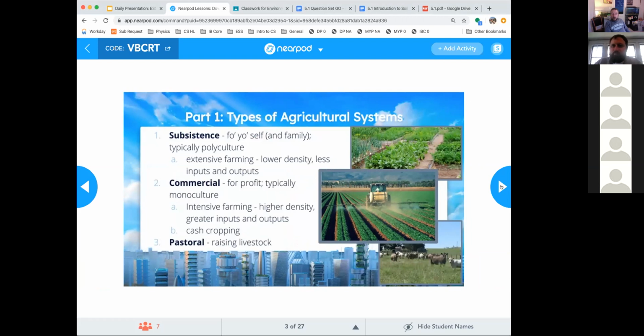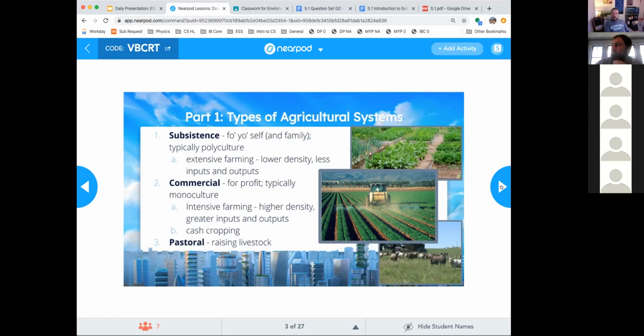So part one of this, which hopefully we'll get through today, is the types of agricultural systems. There are three major types of agricultural systems. There's subsistence farming, there's commercial farming, and there's pastoral farming.